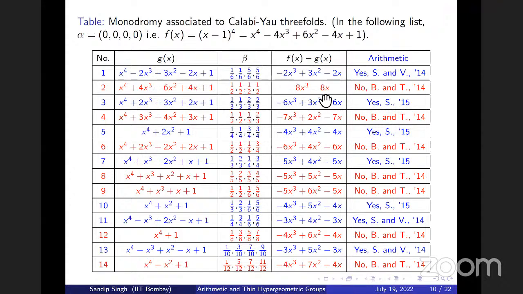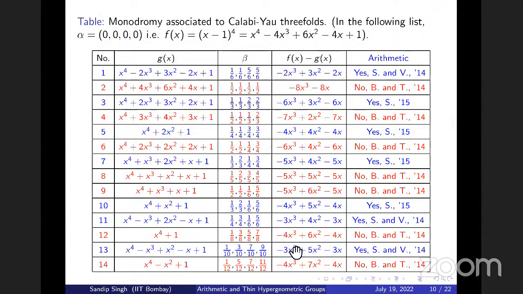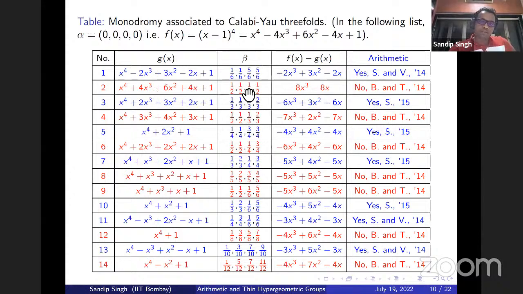No, I'm saying 11 and 13. Okay, 11 and 13 have leading coefficient minus 3, right? Yes. But the corresponding groups are arithmetic, and the groups mentioned in red, by group I mean the pair of corresponding polynomials, are actually thin groups.